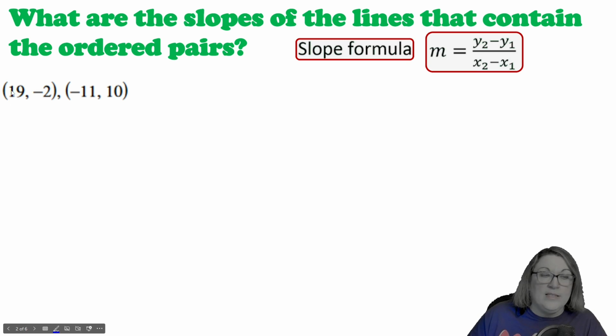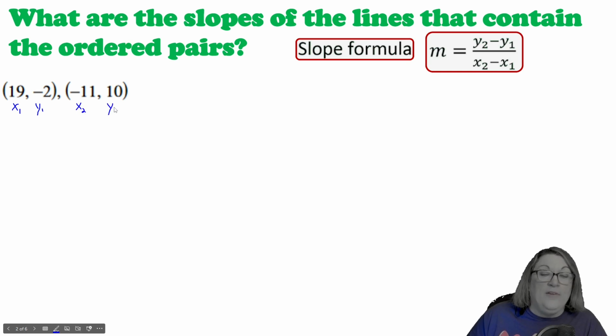So this is the first ordered pair, the first point, and this one here is the second point, the second ordered pair. If I was labeling this, I would say this is my first x and my first y, and this would be my second x and my second y.